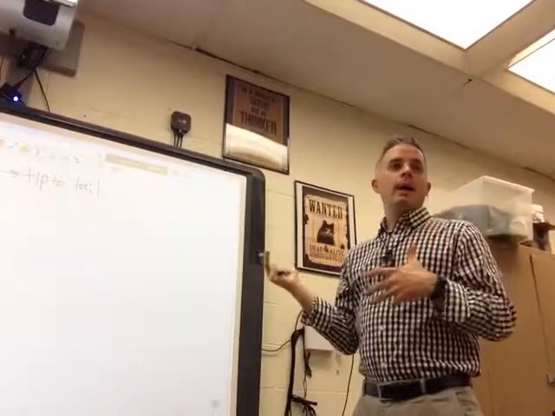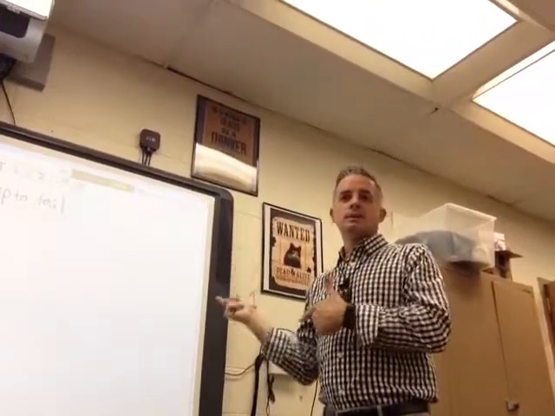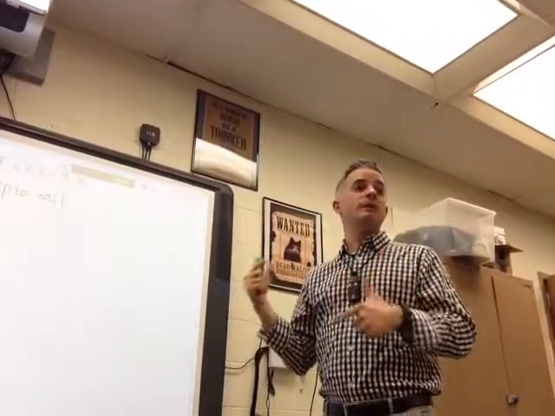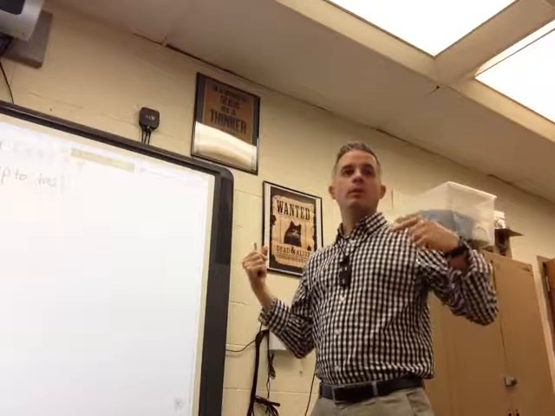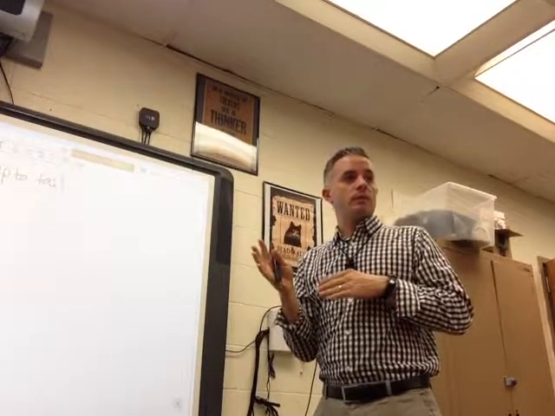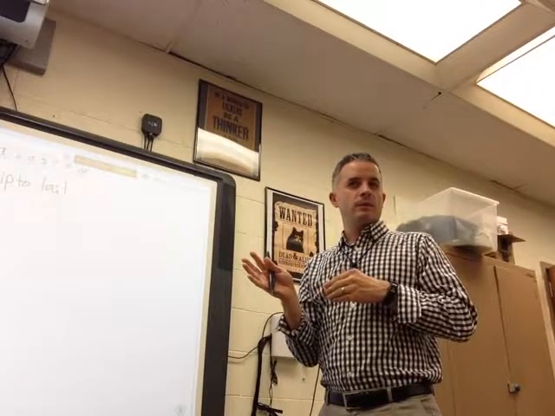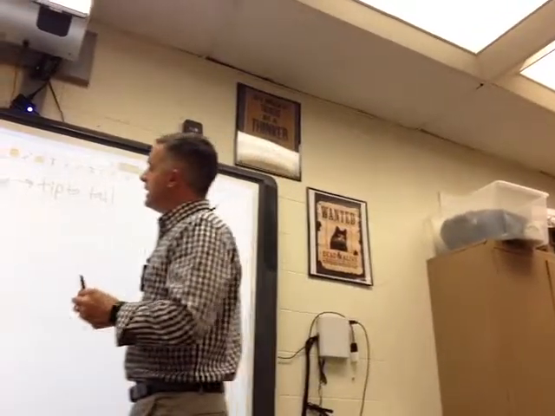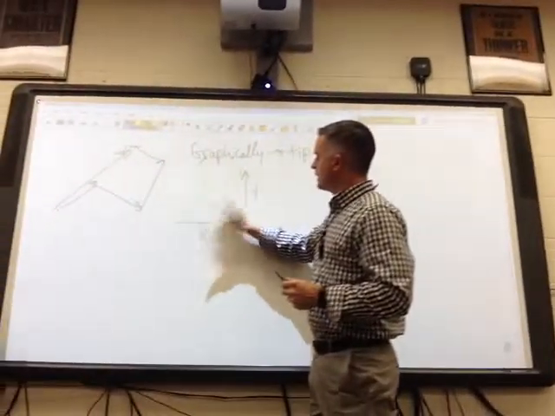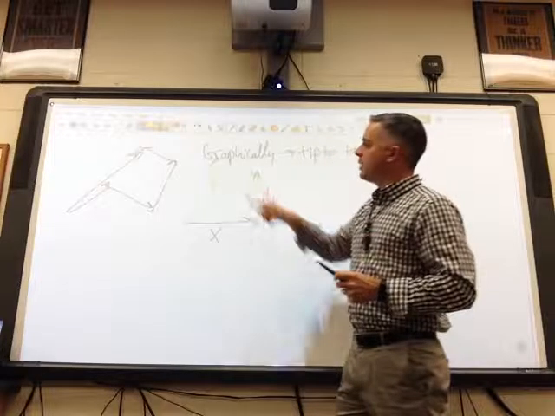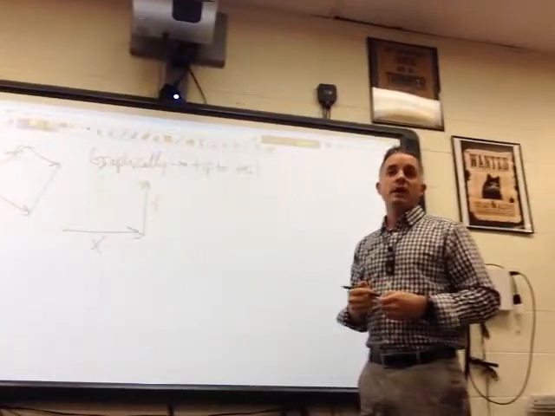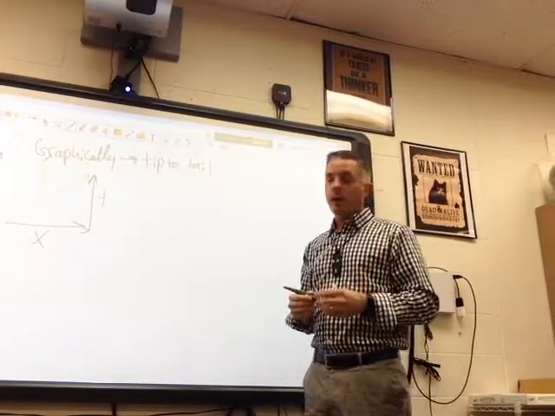So we need a way to deal with these angles in the framework of horizontal and vertical. Does that make sense? Okay? So again, we need to take what we know about horizontal and vertical and somehow apply it to vectors that are at an angle. Okay?